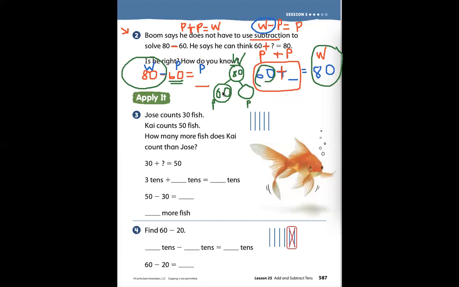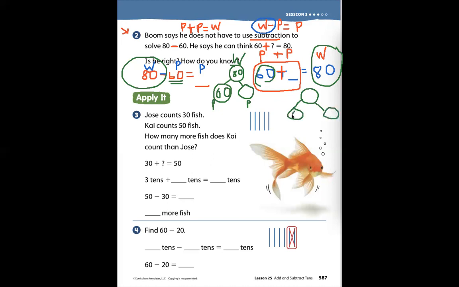So I have 60 and I can count up to the whole, right? Let's see, I'm going to draw a number bond and think of it like groups of 10.